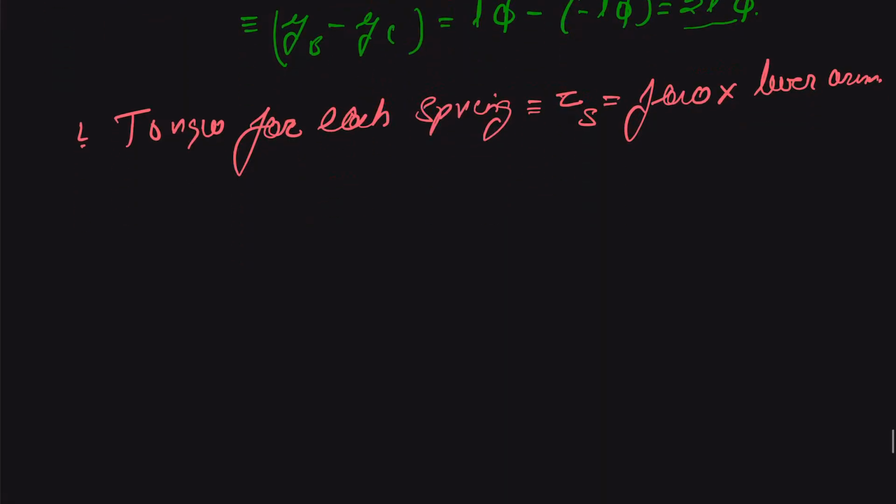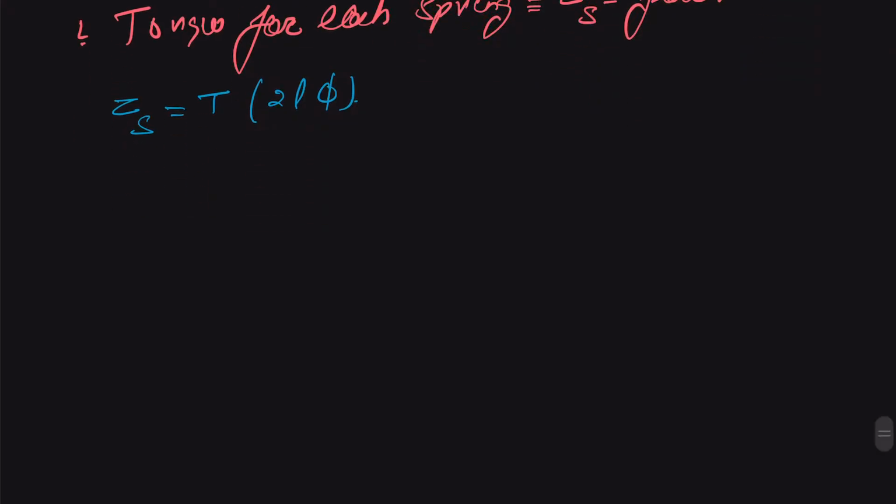Force is our tension, so tau s is equal to tension multiplied by 2L phi. So we have two springs, therefore tau total will be equal to 2 times tau for the spring, and this comes as 4TL phi.